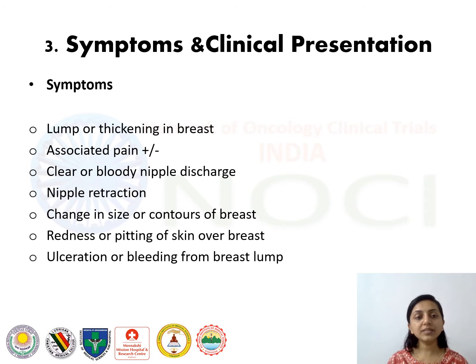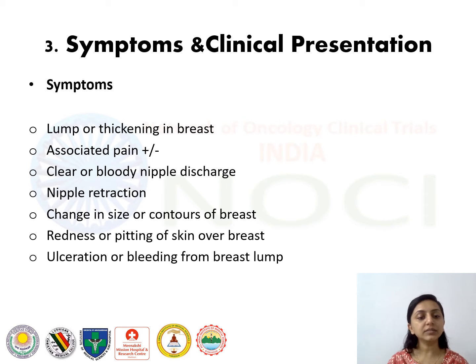So the common symptoms that a patient can come with include lump or thickening in the breast with or without pain in the lump. There can be clear or bloody nipple discharge, nipple retraction, change in size or contours of the breast, or there can be a sudden increase in the size of the lump or a slow gradual increase in the size of the swelling.